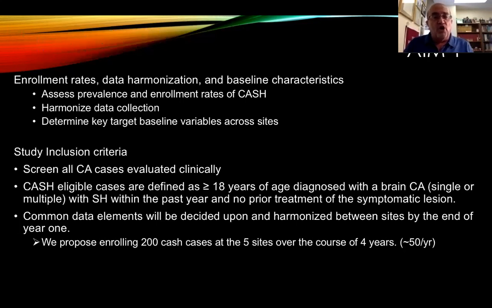So you can only be included if you had had a symptomatic hemorrhage within the prior year. And we will check that very carefully with your doctor and with your data before enrolling you in this.